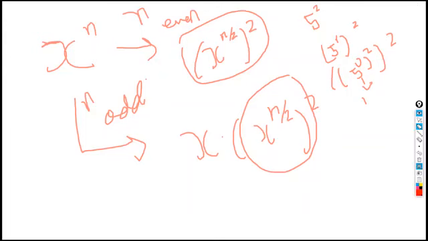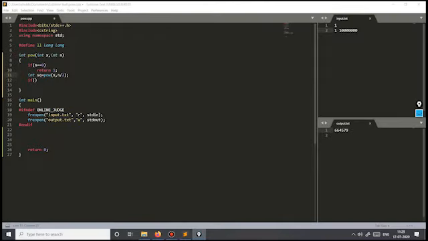See, if n is even, x to the power n by 2 and then the square of that. Alright, so we will calculate power for n by 2. This part is the call of the function pow, which is this part sq, and now we need to do the square of this part. We will do the square of this part, but we need to calculate it first. So in order to calculate it, I called the function pow x, n by 2.